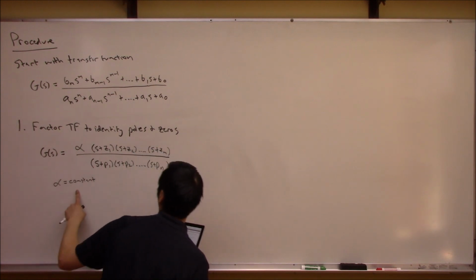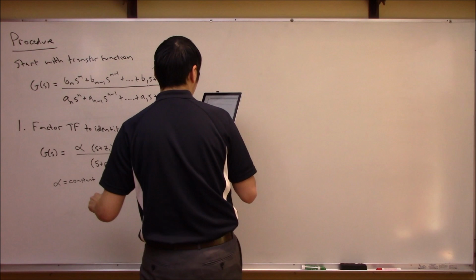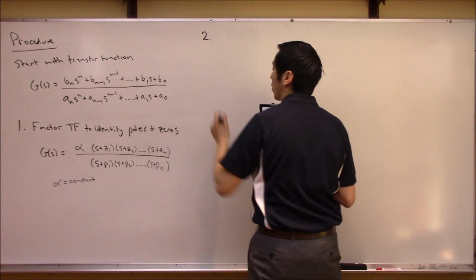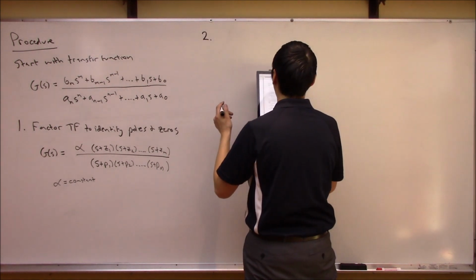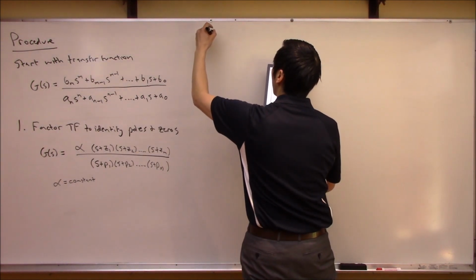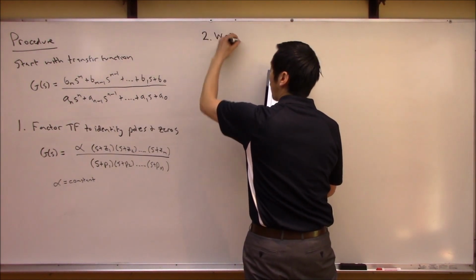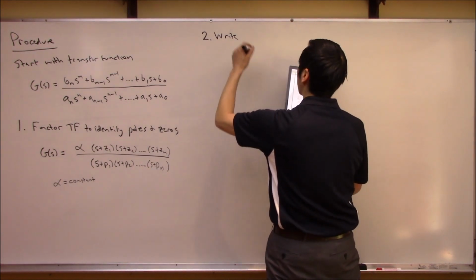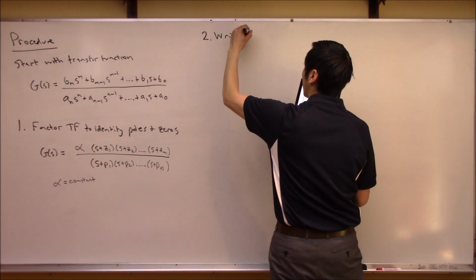Let's look at this in our next step. Step two is the critical one, and this is where a lot of people make mistakes. What you want to do is take this factored version of your transfer function and write it in our standard Bode plot form.